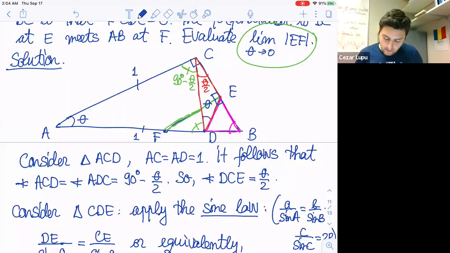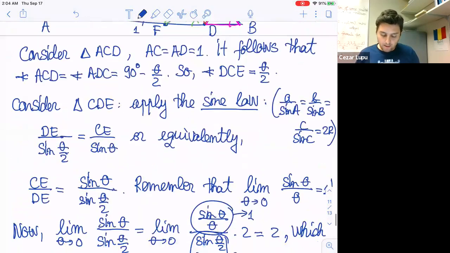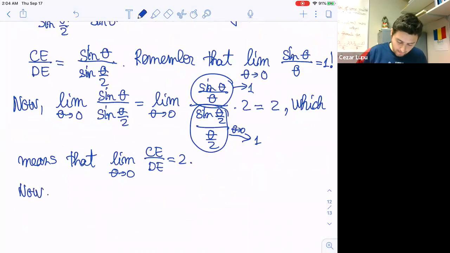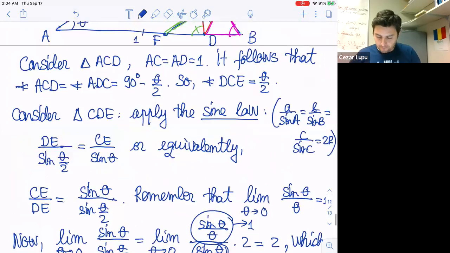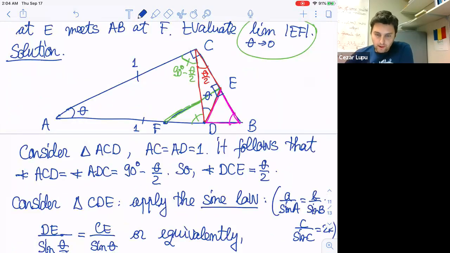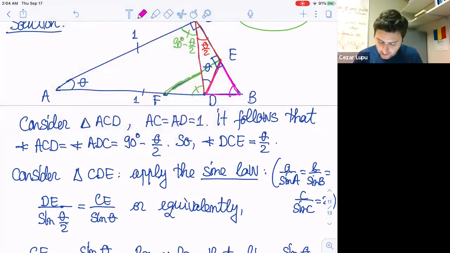Now let's look at this angle, the angle EBD, which will be 90 degrees minus theta over 2. And we also want to look at this angle as well, EDB.